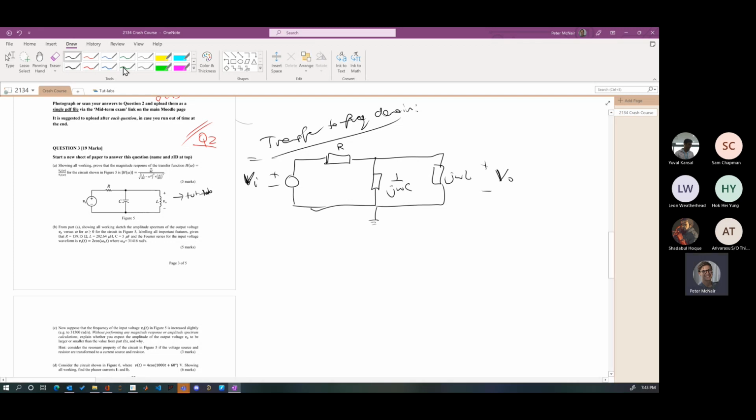First of all, let's be nice to ourselves and combine these two. We'll call it Z equivalent, which is equal to 1 on j omega C in parallel with j omega L. We've done this plenty of times. I can go through it, but it's essentially just that times that on that plus that.